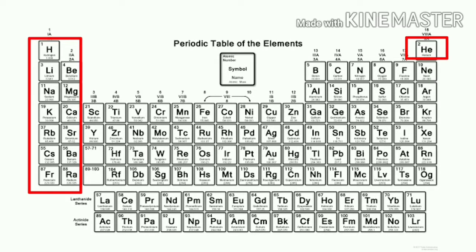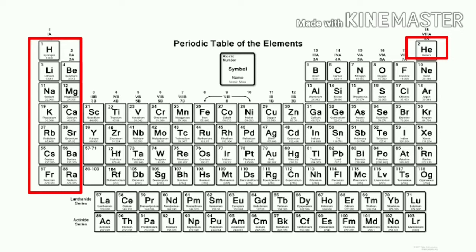Look at that. These are the S block elements because when I draw the electronic configuration of these elements, it is clear that the last electron goes to the S orbital of the valency shell.